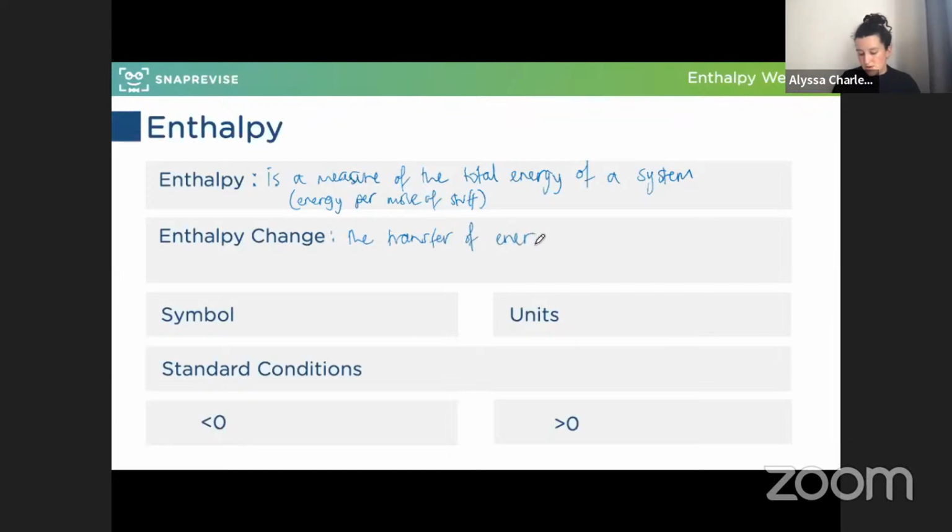So the transfer of energy, and the way that we look at energy transfer, going back to key stage 3 energy transfers, is heat energy, heat being the transfer of energy. So it's specifically heat energy, because that's how it is being transferred between the system and the surroundings.